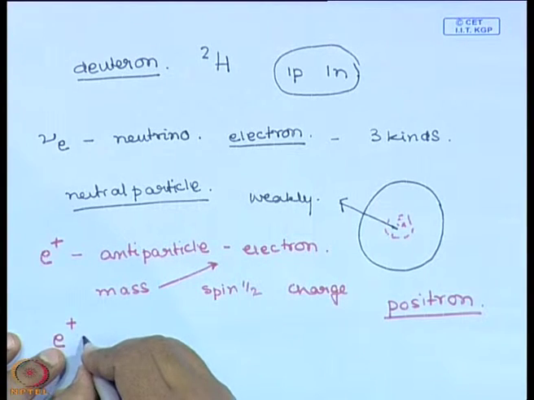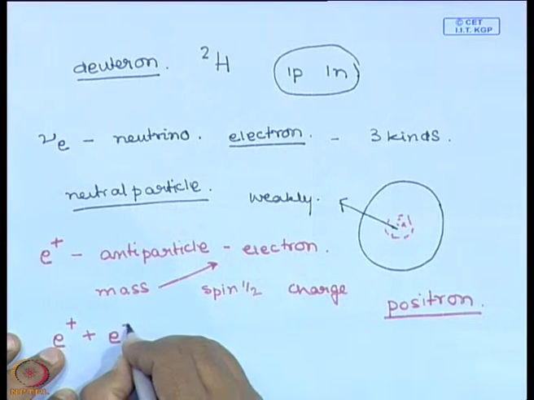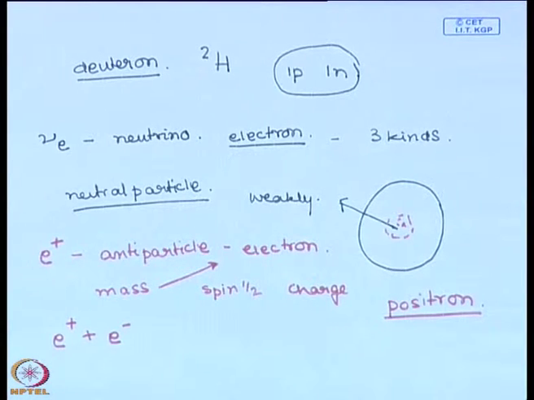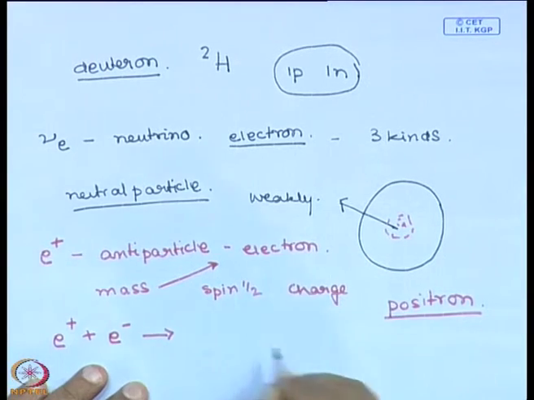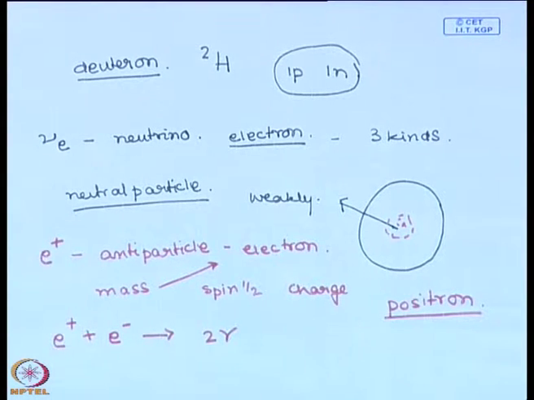If it encounters an electron and interacts with it, then the two of them can annihilate and the result will be 2 photons. The entire energy in these two particles is converted into the energy of these 2 photons. So, whatever rest mass is there in these 2 particles and whatever kinetic energy they have is all converted into the energy of these 2 photons. Okay.